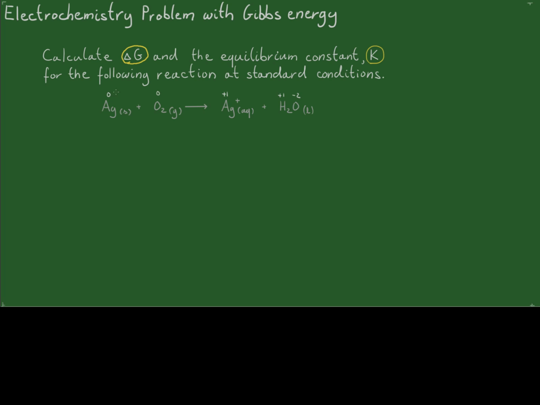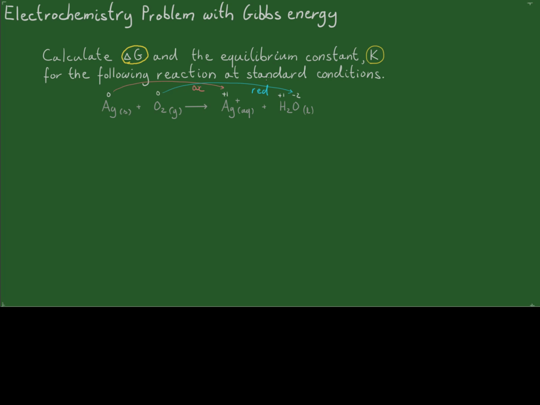And now I can see that the oxidation number of silver has increased, so silver got oxidized, and the oxidation number of oxygen has decreased. So oxygen got reduced.